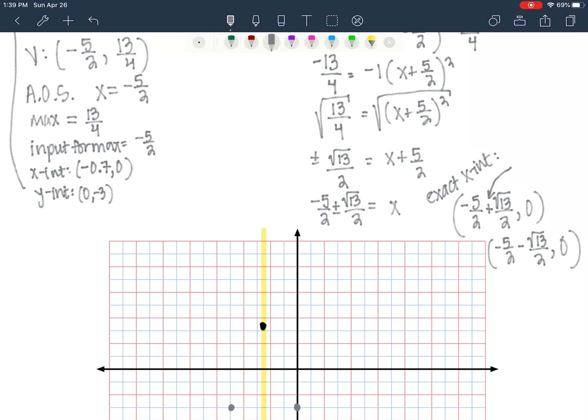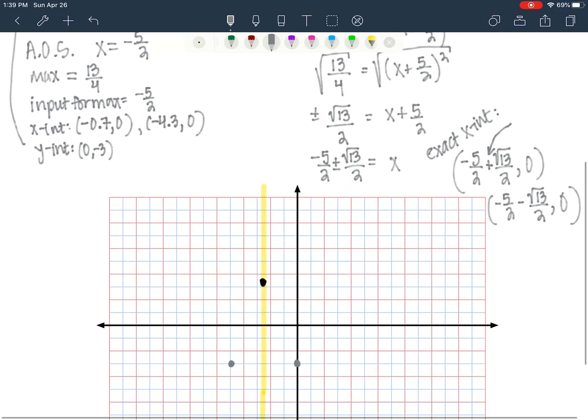And when I subtract, I'm going to do the subtraction, I get negative 4.3-ish. So I'm going to plot those two intercepts, negative 0.7-ish. Make the dot big enough. Negative 4.3, 1, 2, 3, 4.3-ish. And then I'm going to draw my parabola opening down, and I've got everything I need.